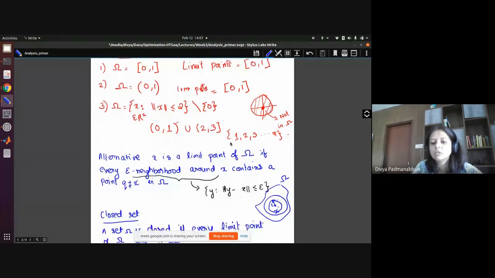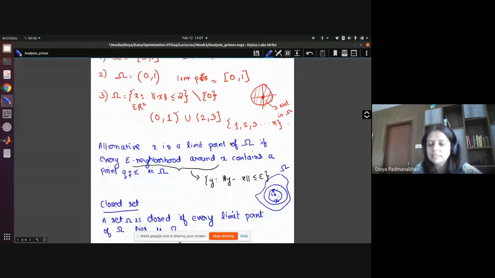Now to answer Siddharth's question about whether there are sets where the points are not limit points of the set, that example is just the set of integers. Here there are no limit points for this set.